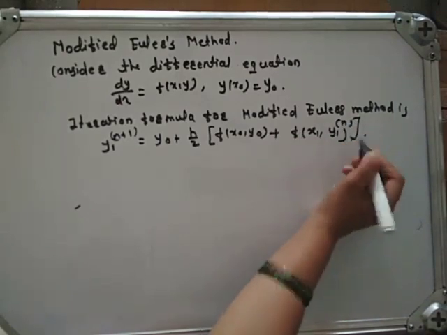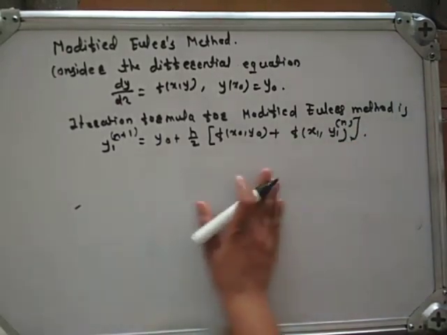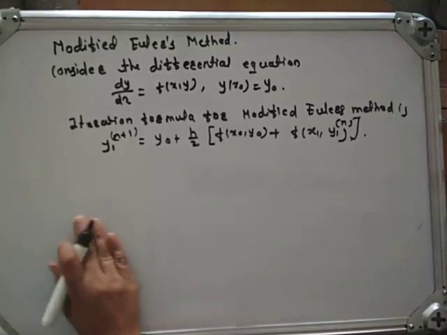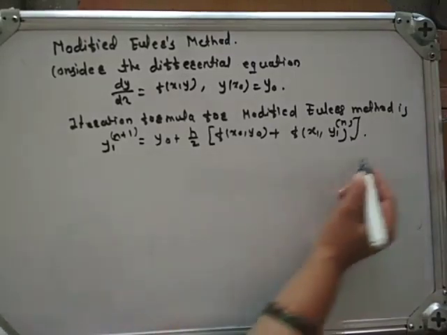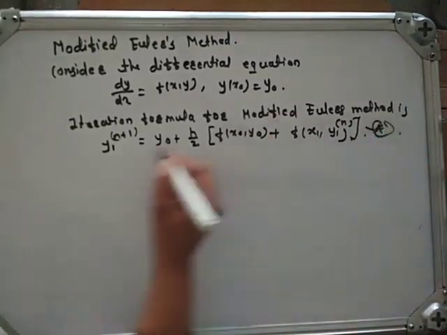Okay, this is the formula for the modified Euler's method. Suppose this is star.